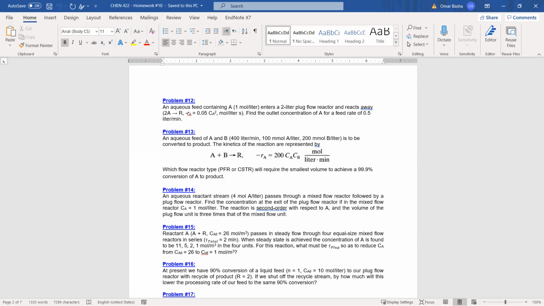The kinetics of the reaction are represented by this equation. You're given a reaction rate. Which flow reactor type, PFR or CSTR, will require the smallest volume to achieve 99.9% conversion of A to product? So again, we're given an equation and some kinetic parameters, and you need to find which reactor is going to give you the smallest volume.